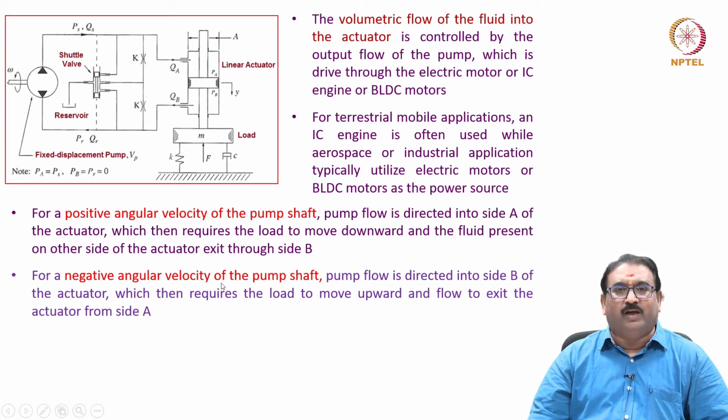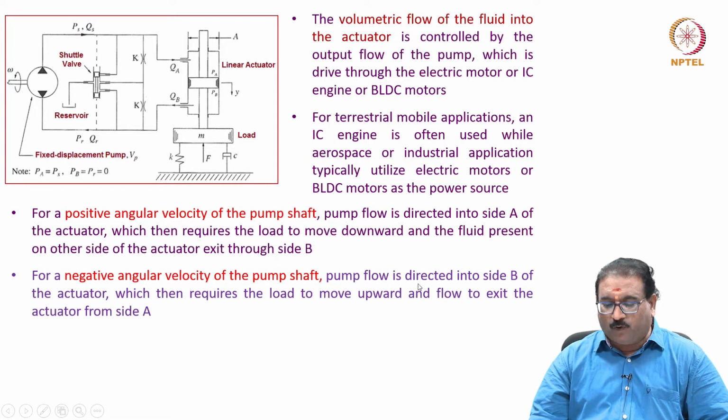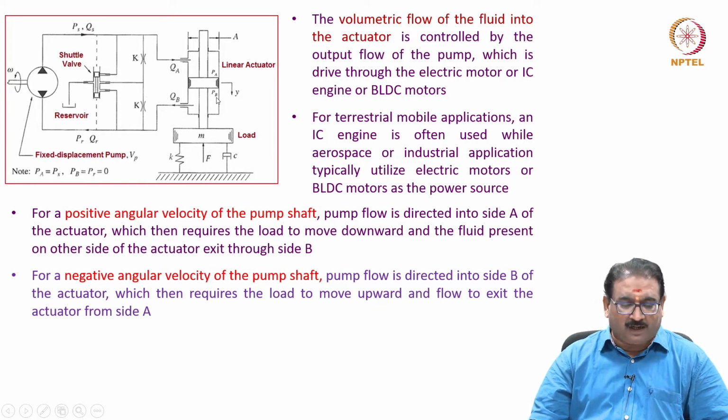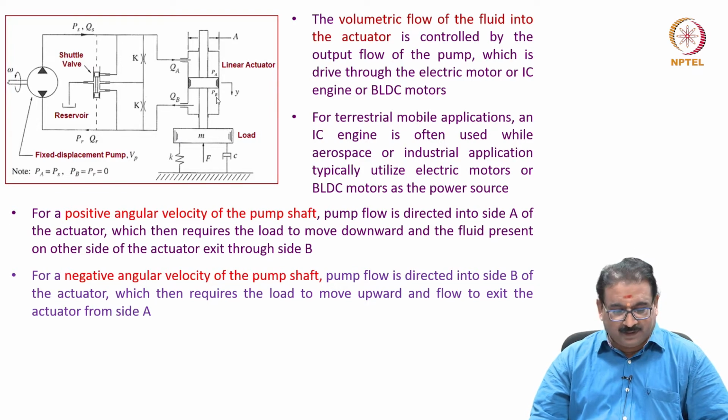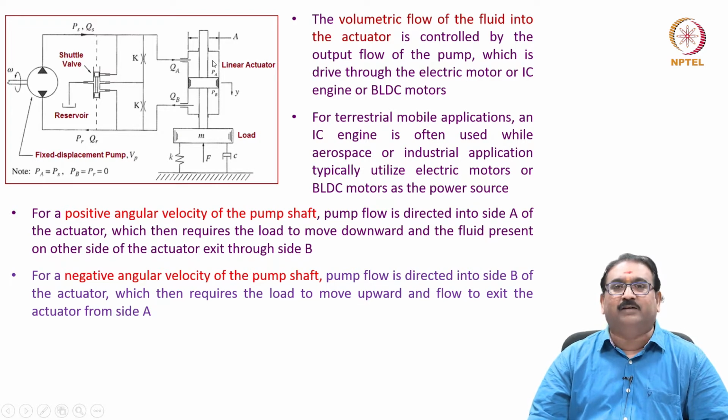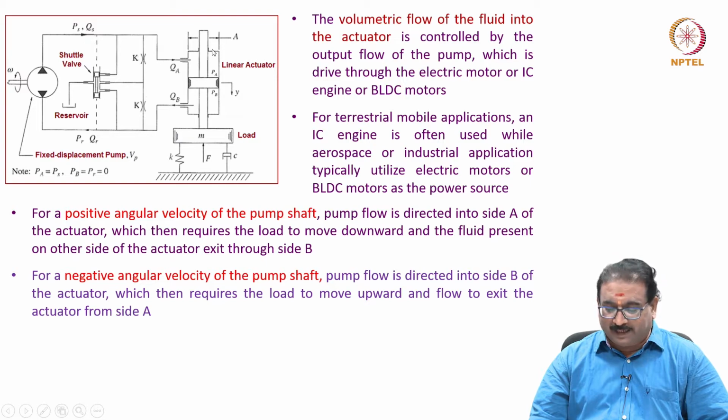For a negative angular velocity of the pump shaft, pump flow is directed into side B when it rotates in the different direction, which then requires the load to move upward and fluid to exit from the A side.